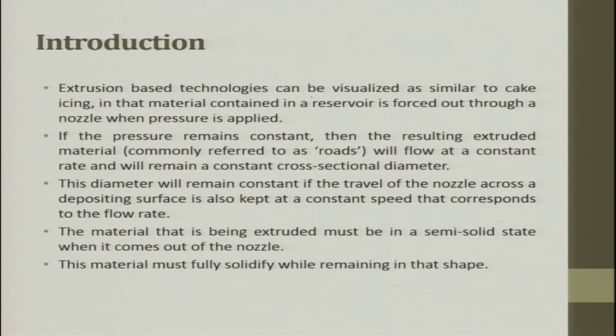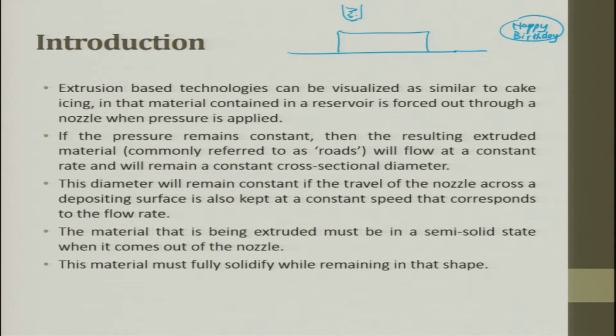Extrusion based technologies can be visualized as similar to cake icing. In cake icing we have a cake, and on top of this cake we always give a topping wherein we write, suppose, happy birthday. When we want to write this, we use a cone.